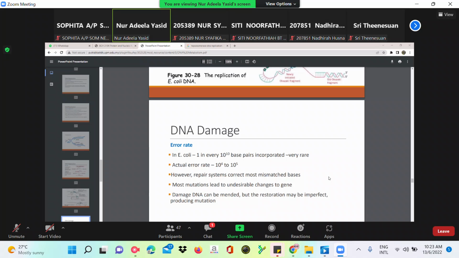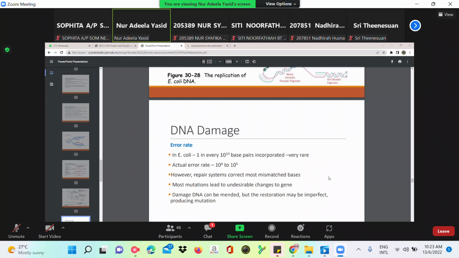Nowadays there are many discoveries of bacteria that produce DNA polymerase with proofreading characteristics. That means the DNA polymerase can help repair and prevent mutation.